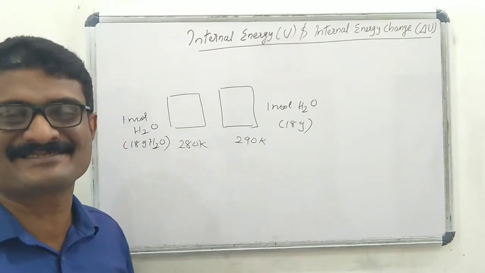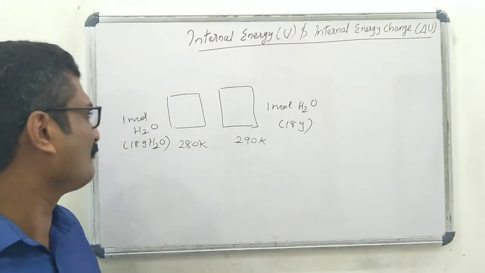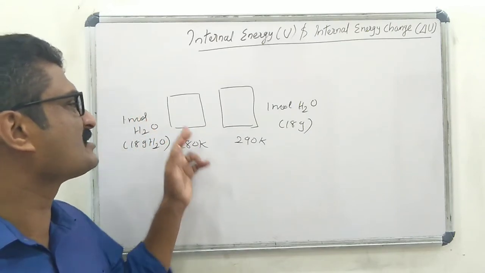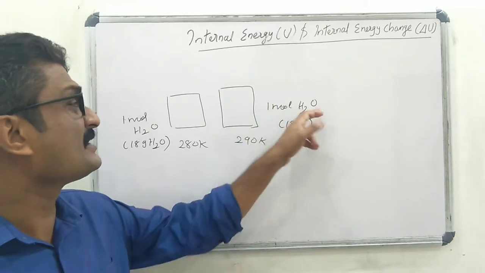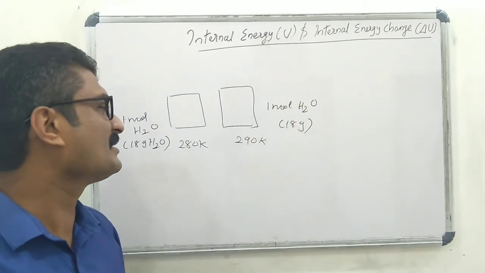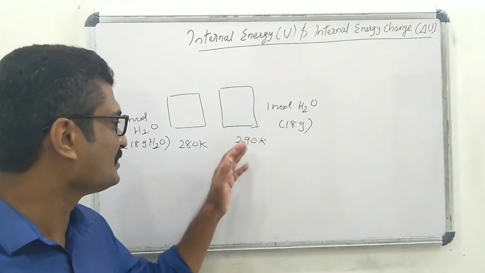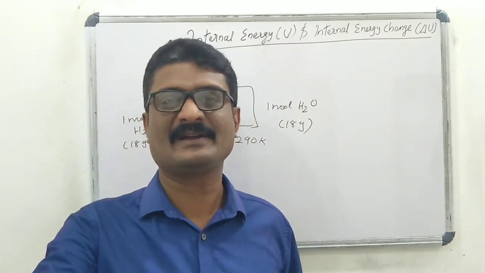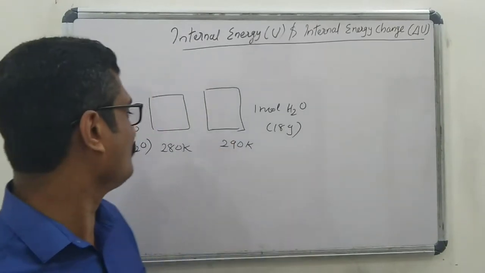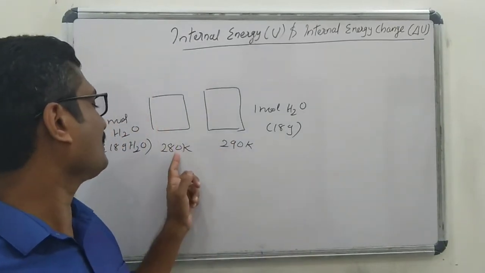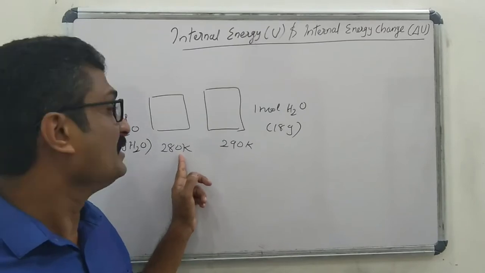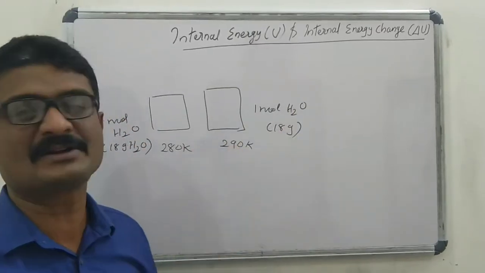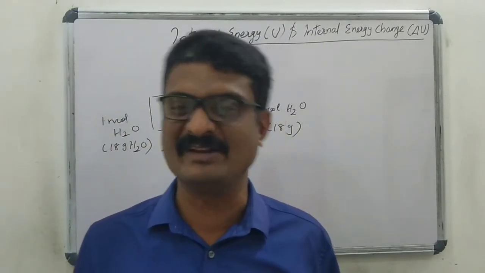Therefore, we can say that the internal energy of 1 mole of water at 280 Kelvin is different from the internal energy of 1 mole of water at 290 Kelvin.